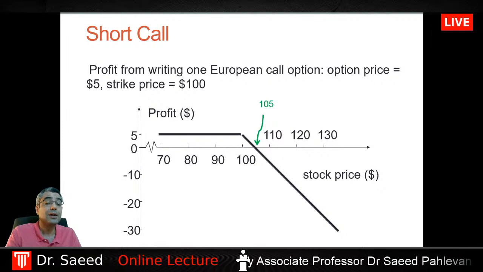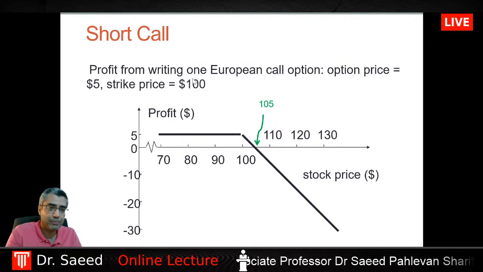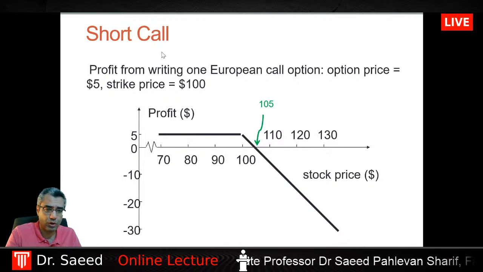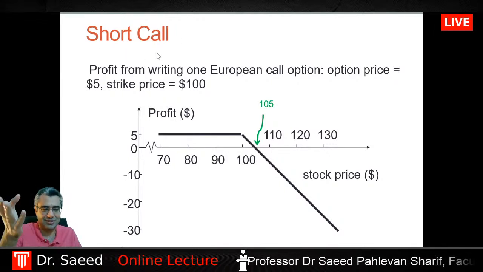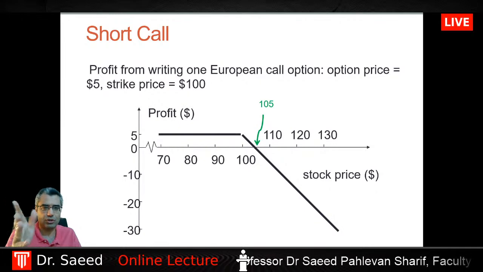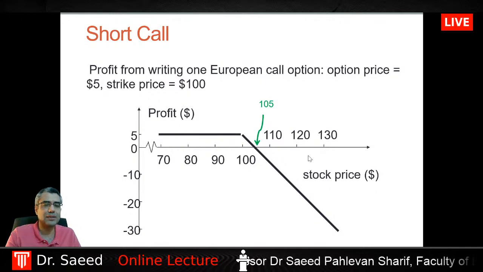Now the person who is short call has to sell this stock to the buyer at $100, while in the market it is 120. So $20 loss minus the $5 premium that the seller collected in the beginning. This means $15 loss.